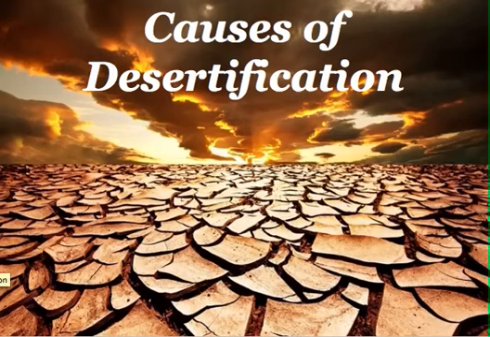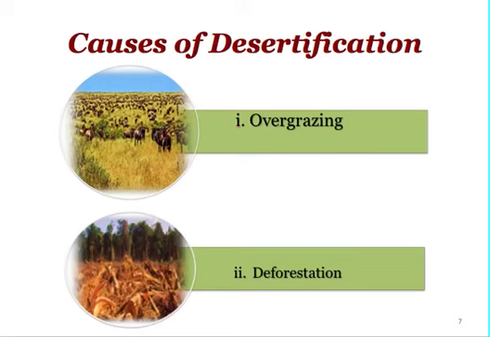Major causes of desertification include the overgrazing and deforestation. So many scientists think that one of the most common causes is overgrazing or too much consumption of vegetation by cattle or other livestock. So scientists agree that the existence of a desert in the place where the Sahara Desert is now located is due to the natural climate cycle.